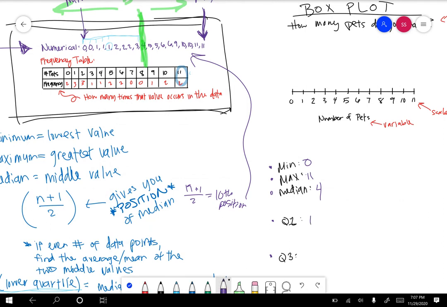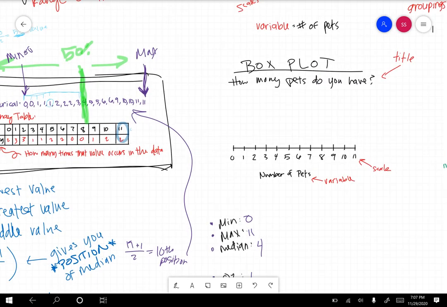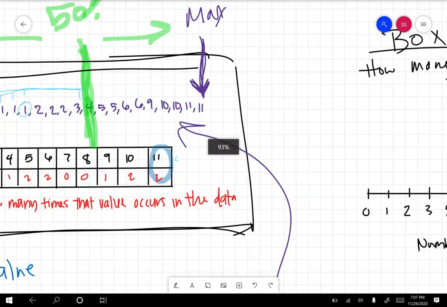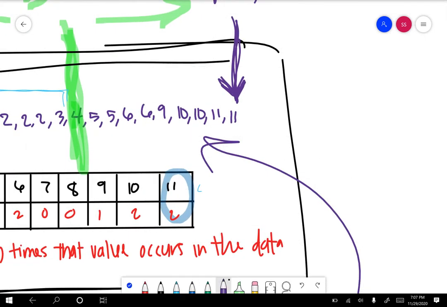Now we're going to do the exact same thing with the upper 50% of the data. This will give us our Q3, quartile 3, or upper quartile. Here we're looking at this data, and again it's 9 data values because it's half of the data, and we're not including the median.